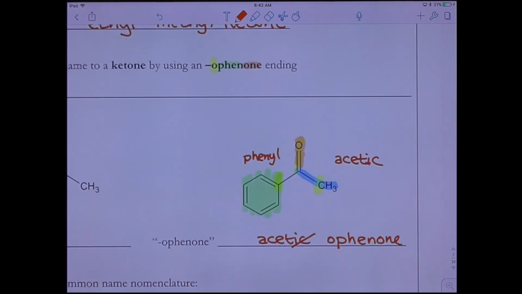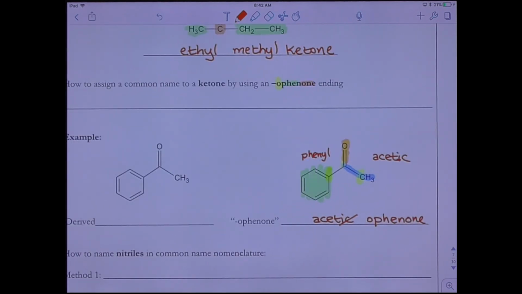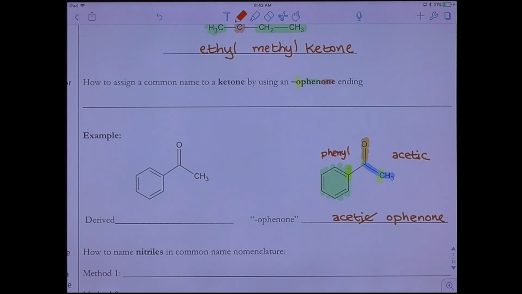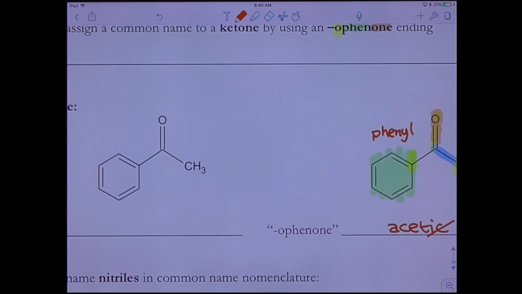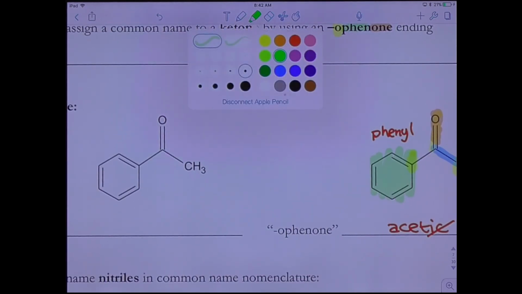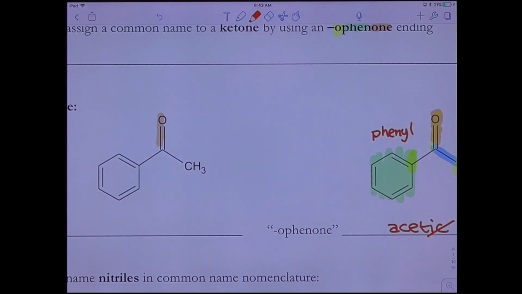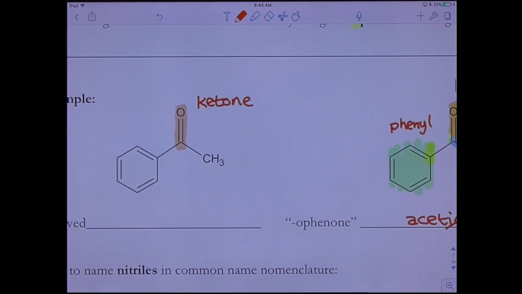Just to compare and contrast, if you were doing that as a derived name, then you're including that carbon as your ketone functional group that you're basing the name off of.